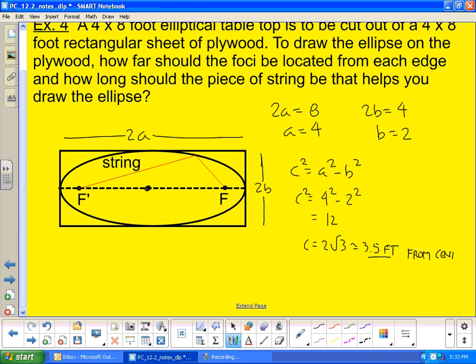And I believe the question was, how far from each edge? So this distance here is the one that's about 3.5 feet. And if it's an 8-foot total length board, then we know we have another half foot left over between here and here.